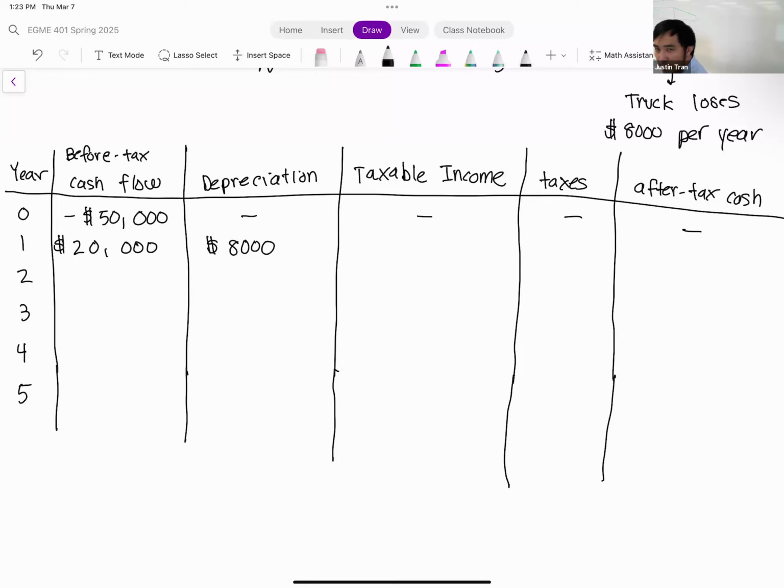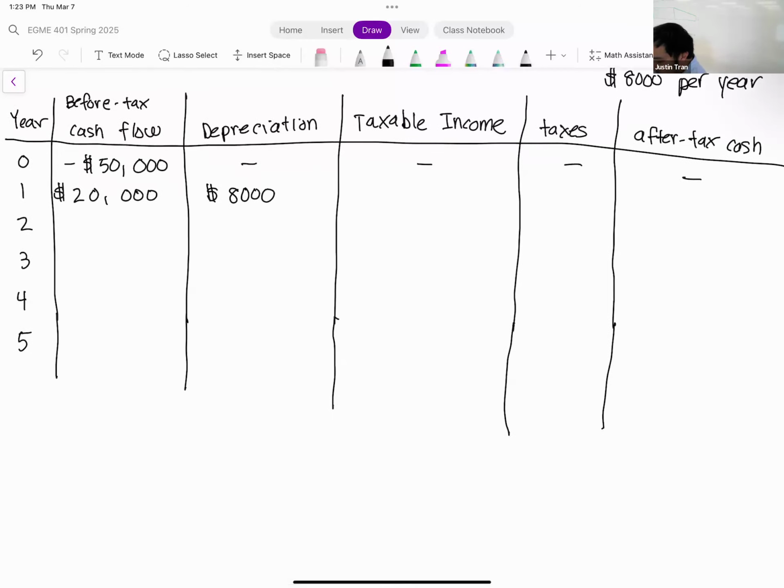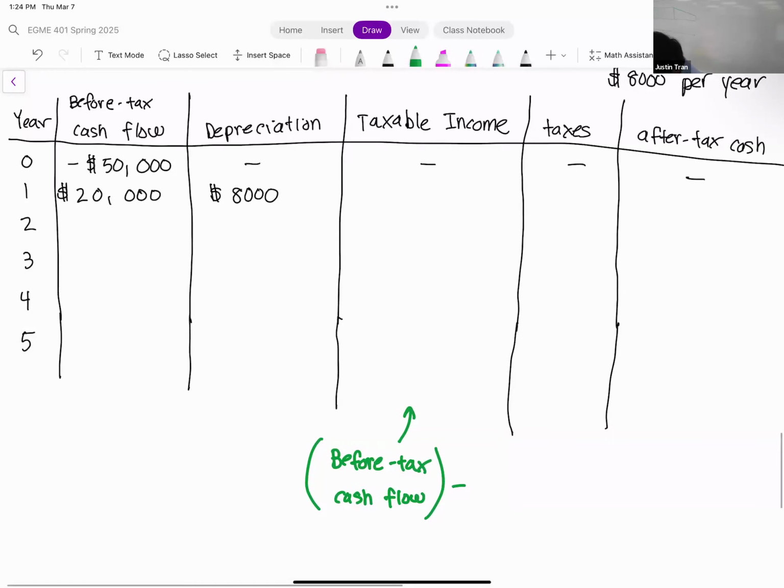All right, next column that we have here is taxable income. So that's how much income that we're being taxed on. In order to compute the taxable income, we're going to take our before tax cash flow and then subtract our deductions.